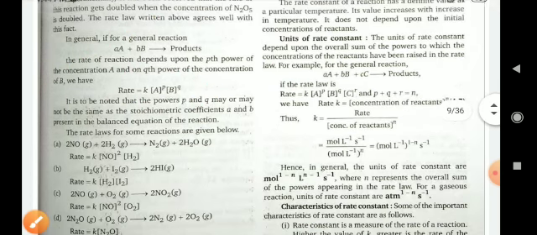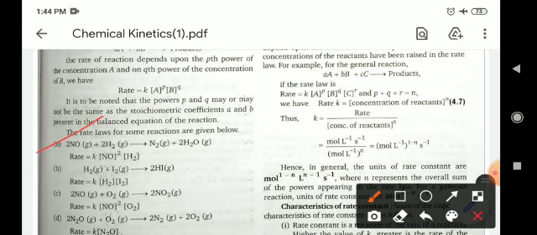Okay, now there are other examples for which you can write the rate law. For example, this reaction 2NO plus 2H2, the rate will come from experimental data, because as I told you before, the stoichiometric coefficients will never be equal to the experimental data; they will differ.